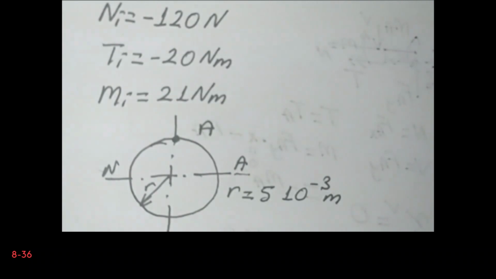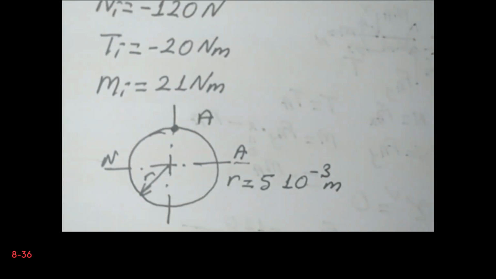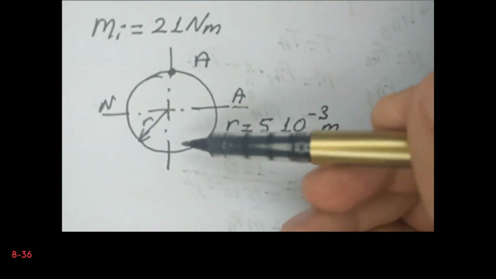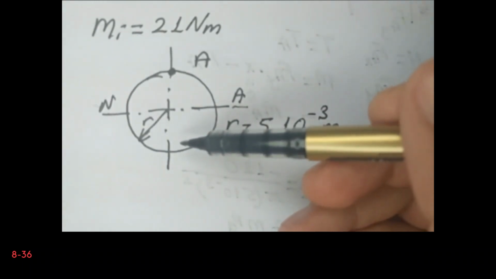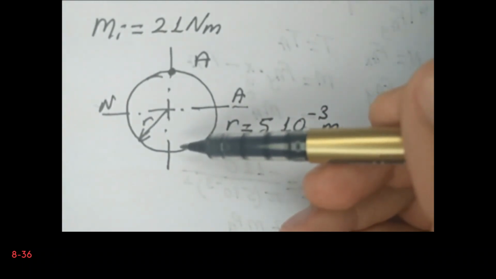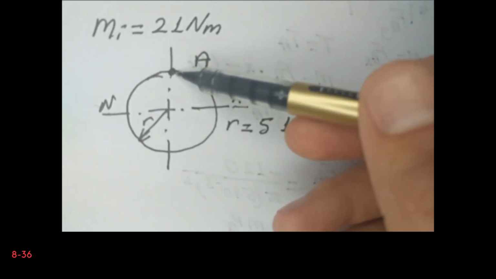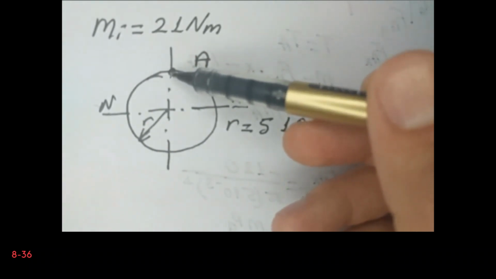So we need to calculate the shear stress. In fact, within this cross section we have two shear stresses. One is due to the torsion, and the other one is due to the transverse force, external force. And we are asked for the shear stress at point A. So for point A, first moment of the area Q A is equal to 0.